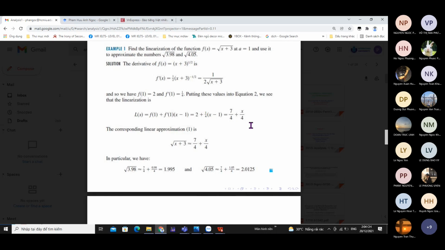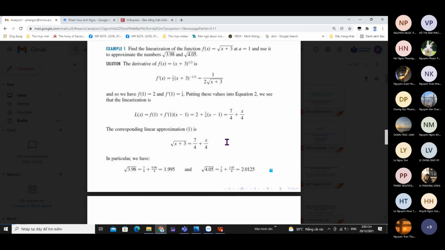And we get the following linear approximation: square root of x plus 3 is approximately x over 4 plus 7 over 4. Now we can use this approximation to approximate the numbers square root of 3.98 and square root of 4.05.